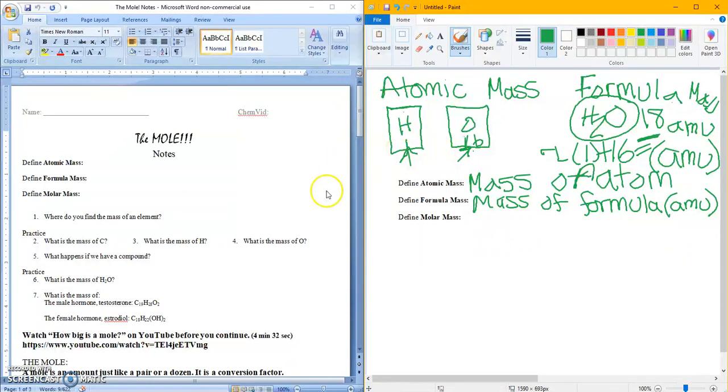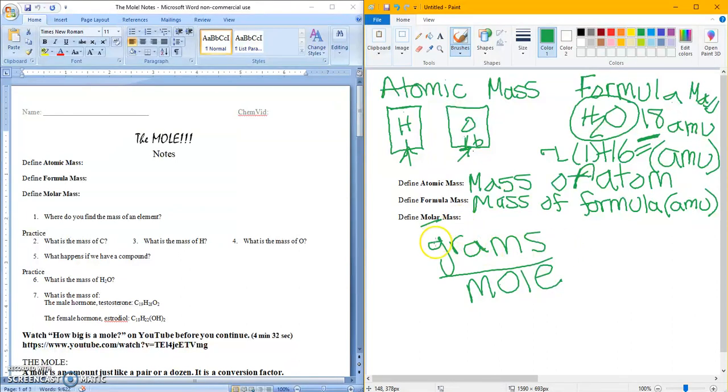Now, molar mass is the one that we're going to get into today, hence the mole part of our notes. Molar mass is the same thing as the atomic mass units, except the units are grams per mole.